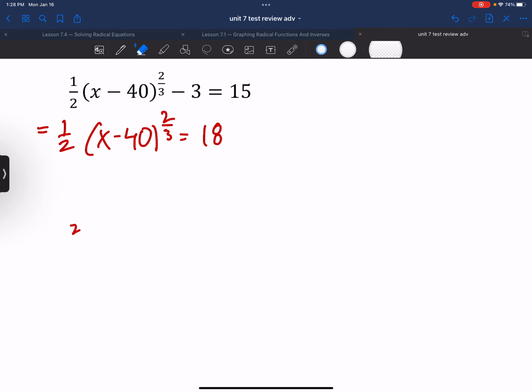Now, we'll raise to the reciprocal power. So this is going to get raised to the 3/2, and over here, it's going to be raised to the 3/2. Now, keep in mind, when you raise it to the 3/2, you're taking a square root.